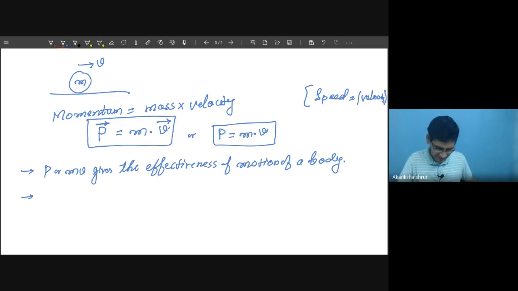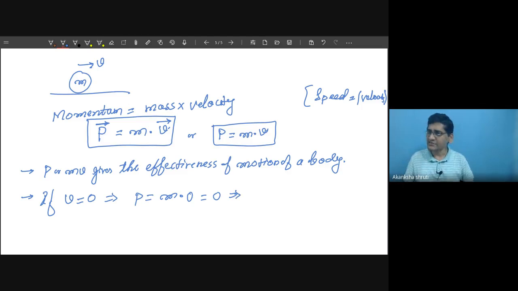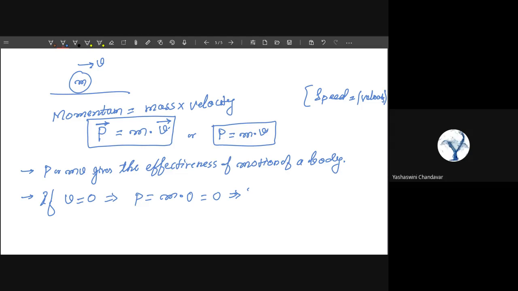So, if speed or velocity is 0, it means what? P is equal to the body's mass multiplied by 0, which is 0. It means for a body at rest, what is its momentum? Momentum value is 0. Right?